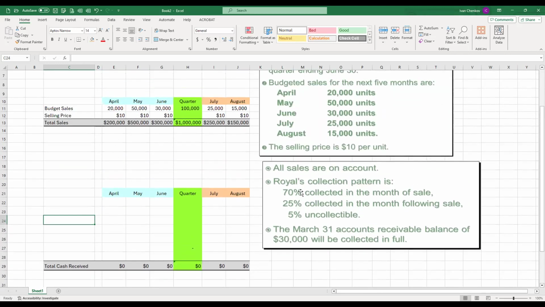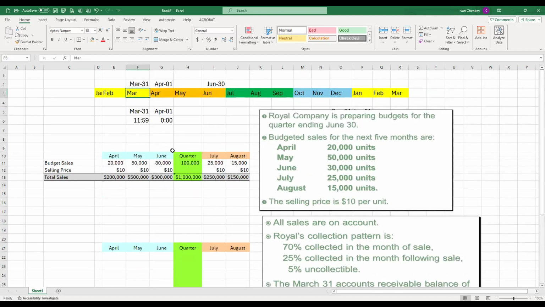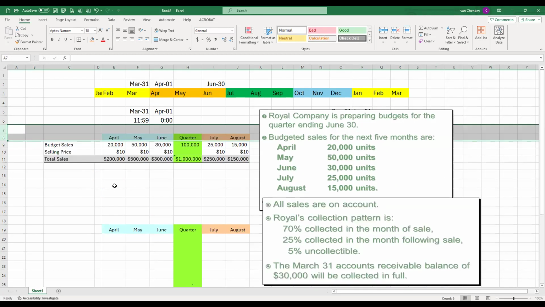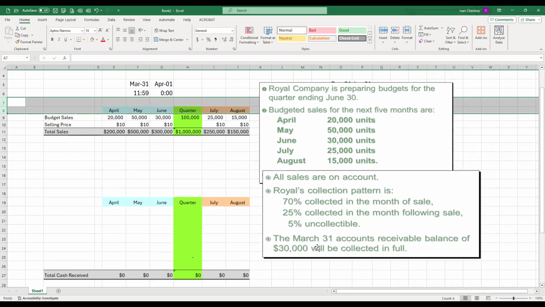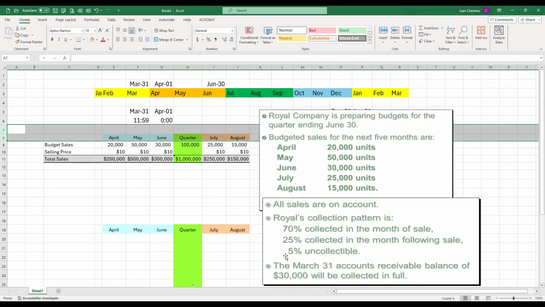What do we know? We know that this company collected following this pattern. 70% of the sales they collect in the month of sale. The other 25% they collect the next month. 5% they never collect. We also know that at the end of the first quarter, March 31st, we have accounts receivable of $30,000, which are collected in full when?